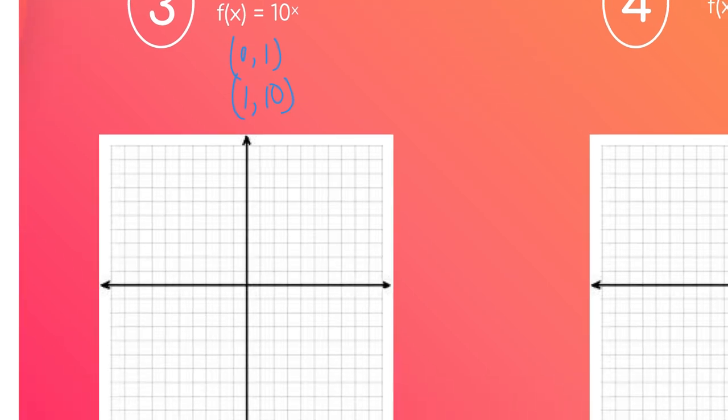So just graphing those, I have 0, 1, and then I have 1, 10. 6, 7, 8, 9, about right here. And again, graphing it, it's going to look something like this. Super close to that x-axis, curved and going through that 1, 10.